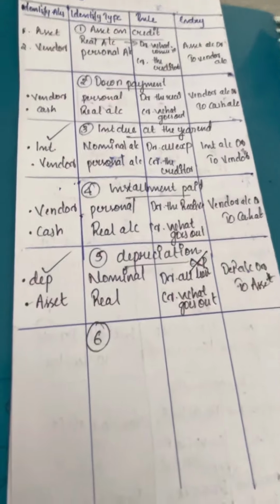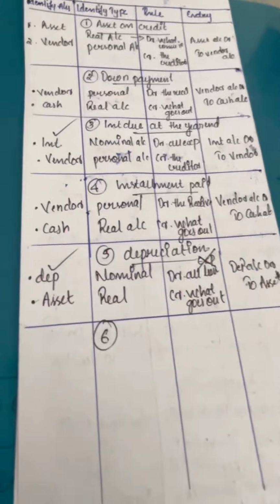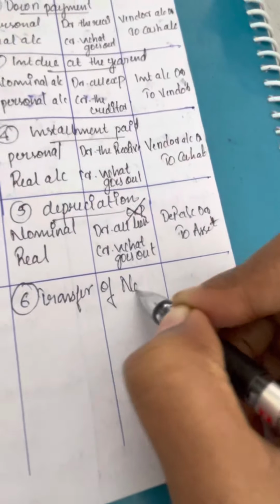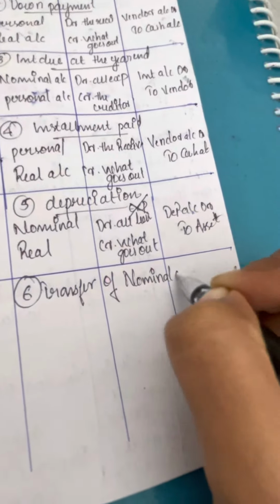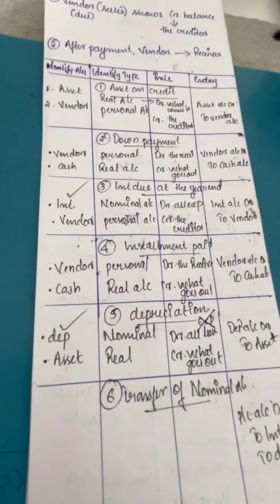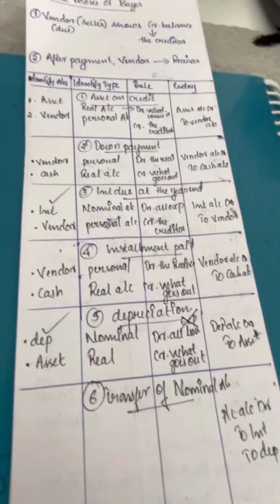So the entry is transfer of nominal accounts: P&L account debit to interest, to depreciation. These are the 6 entries in the books of the buyer in the case of hire purchase. Thank you.